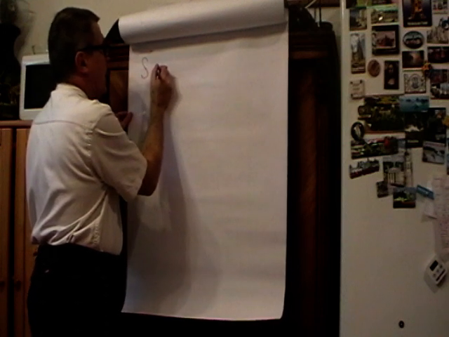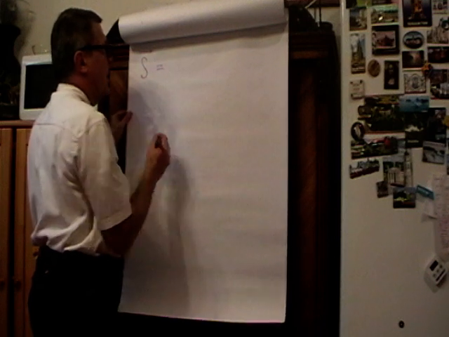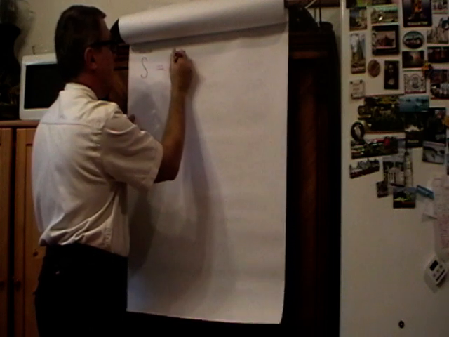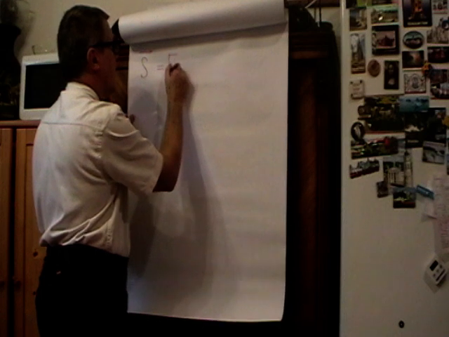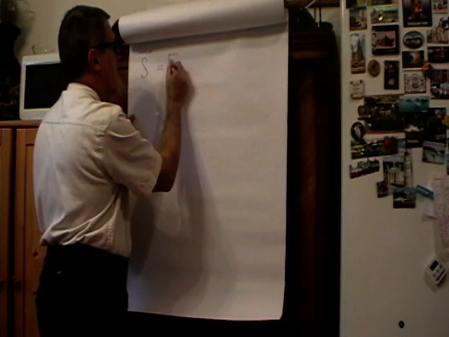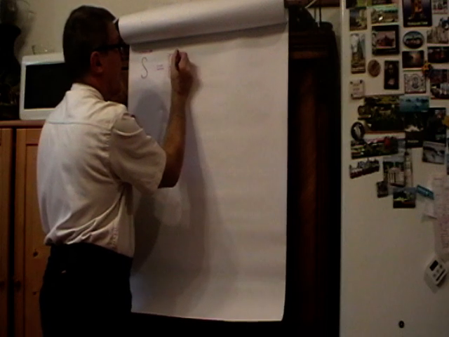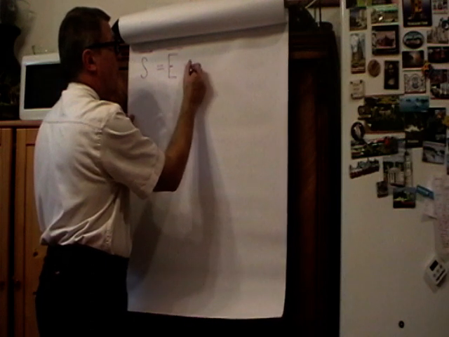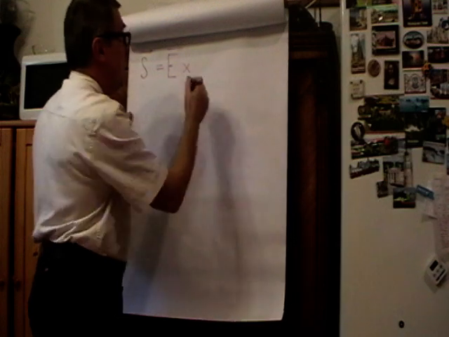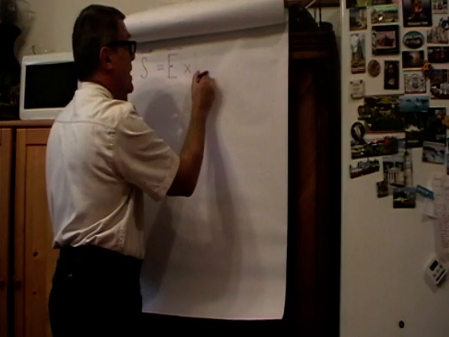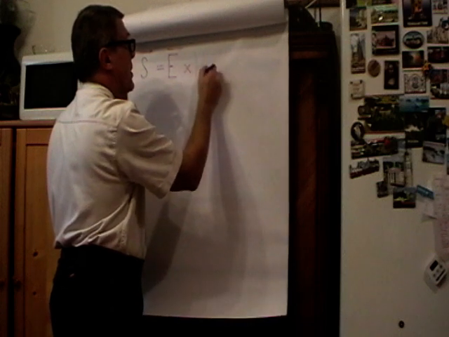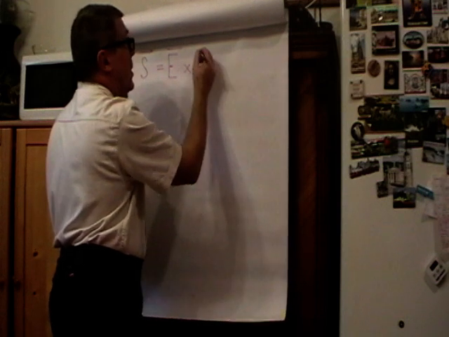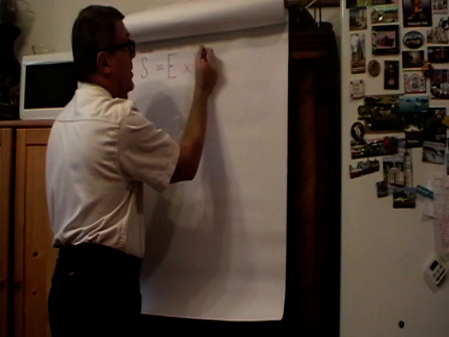It is defined or given by a vector product of the electric field strength E, which is a vector, and the magnetic field intensity H, which is again a vector.